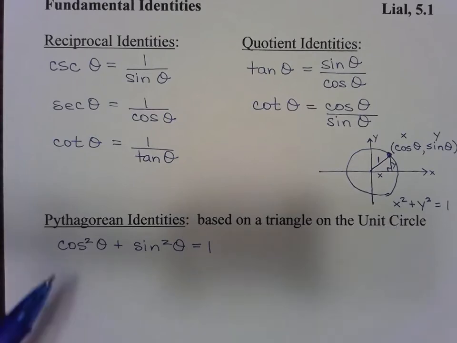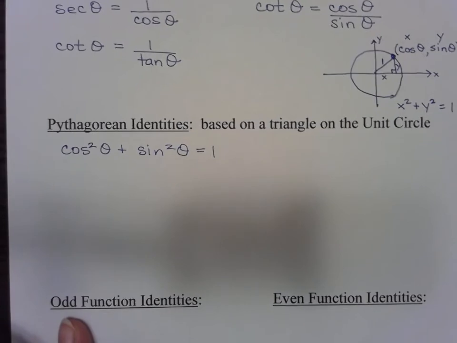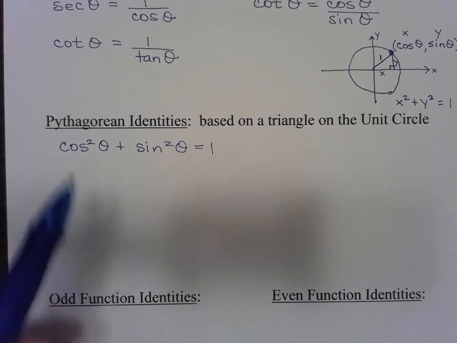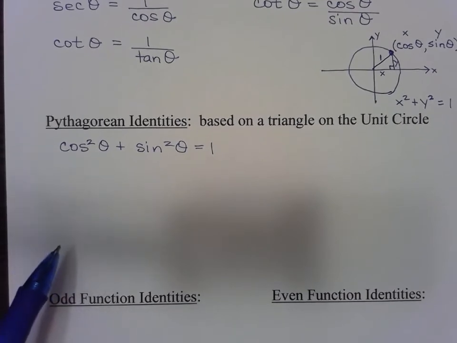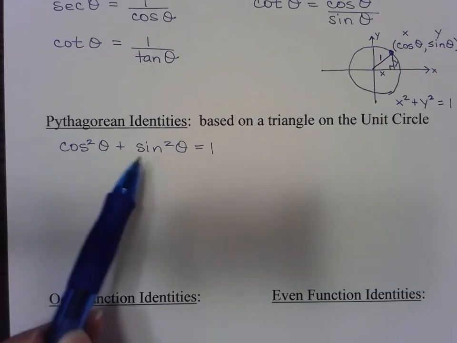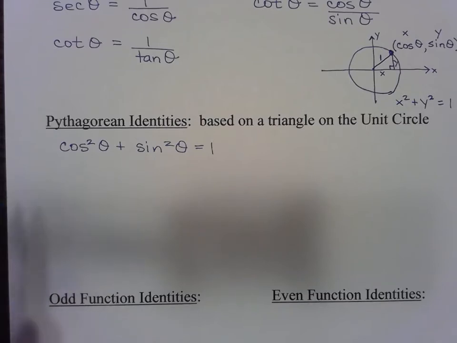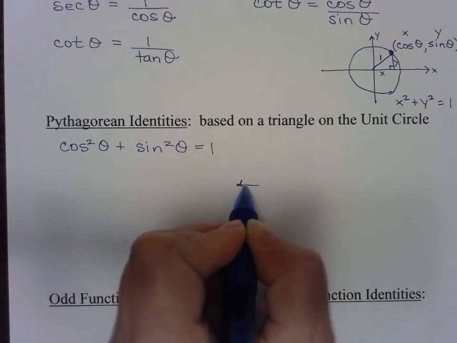Okay, there's actually 3 versions of the Pythagorean identities. I only remember the first one, and then I used this one to derive the other 2. It's all based on taking this and dividing each part by either cosine or sine. So the next one, let's do it dividing by cosine.